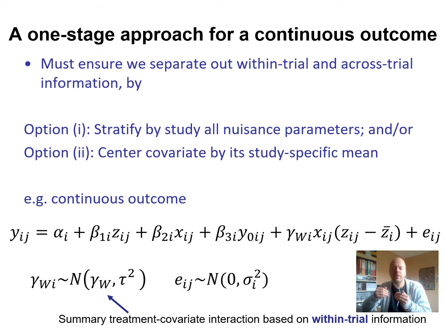You've got variance at the participant level, and also random effects that are explaining heterogeneity, variability across studies. So if you include a term simply like that, you can explain both sources of variation, and that leads to an interaction term that's an amalgamation between within-trial and across-trial information.